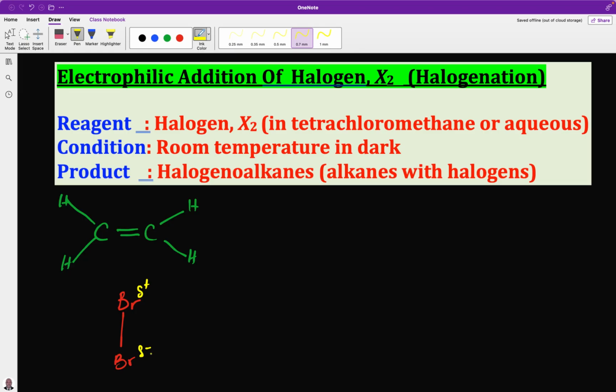For that reason, the partial positive end of the bromine forms a bond with carbon, resulting in a carbocation. The partial positive end will form a bond.